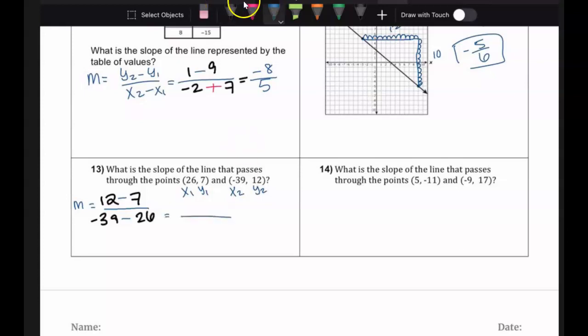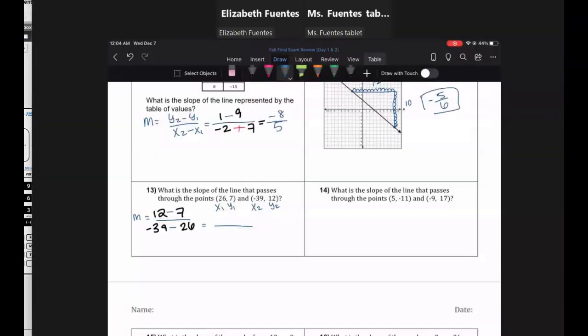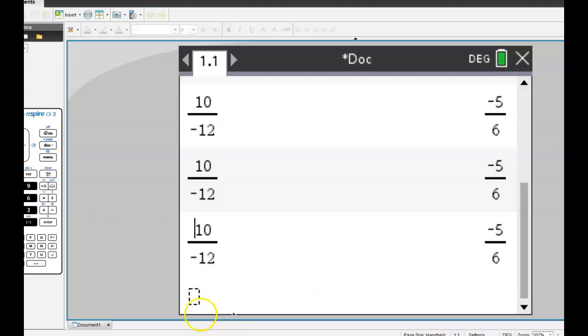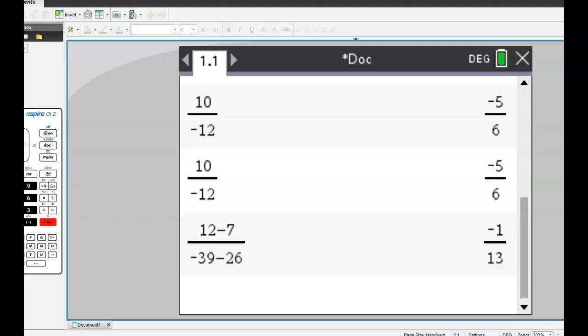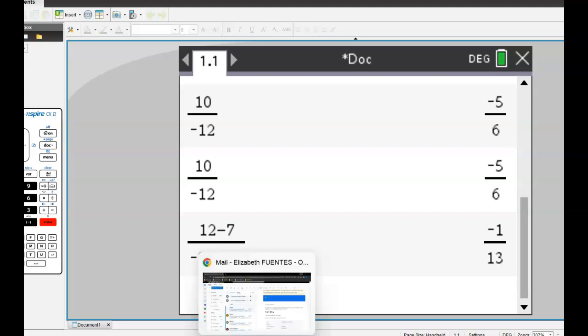Let's see if my calculator is working. So 12 minus 7 over negative 39 minus 26. And it gives me negative 1 over 13.